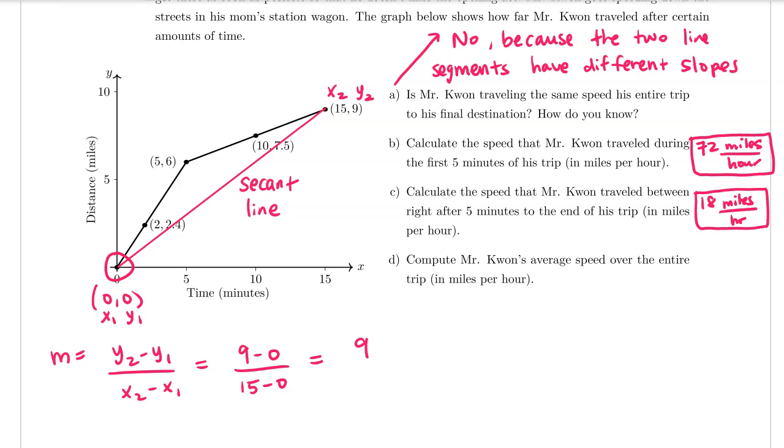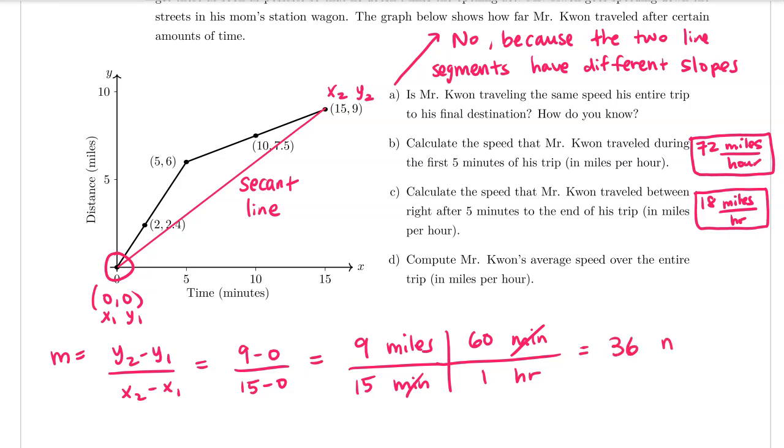So this is going to end up equaling 9 miles over the span of 15 minutes. And if I want to change this into miles per hour, I can now cancel out the minutes, and this is going to end up also equaling 36 miles per hour. So this represents my average speed over the entire trip in miles per hour. And that concludes this example.